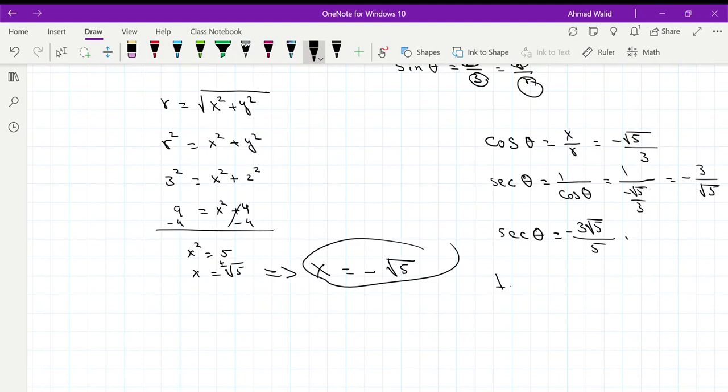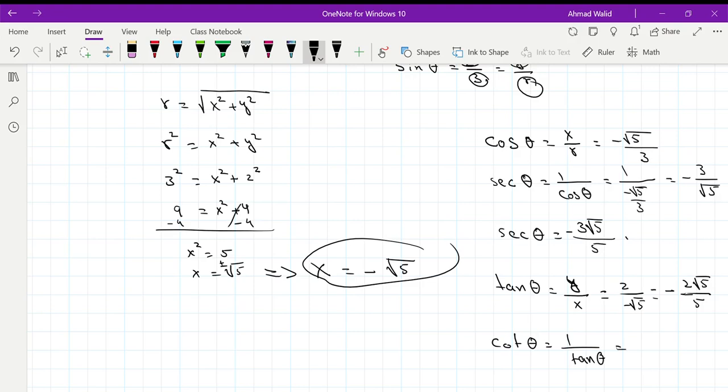Tan theta equals y over x. It means your y is already given to you as a 2. Your x is negative radical 5. Correct? If you rationalize, it gives you negative 2 radical 5 over 5. And if I know this value, I know cotangent theta, which is the reciprocal of tan theta.